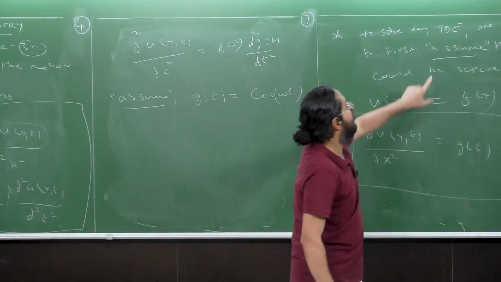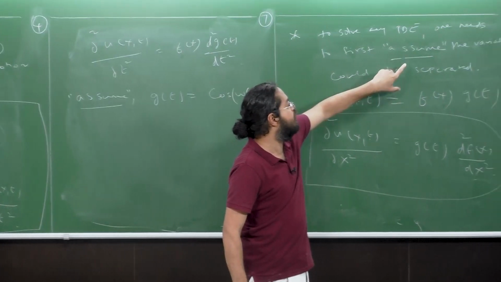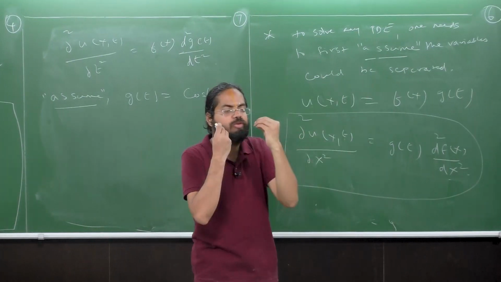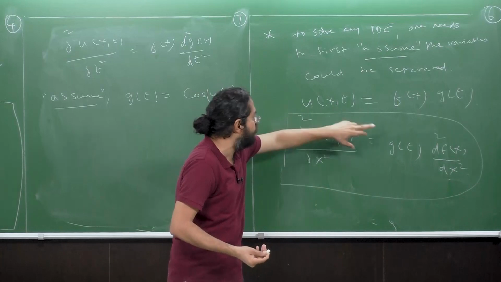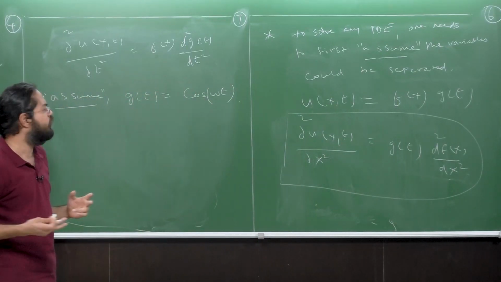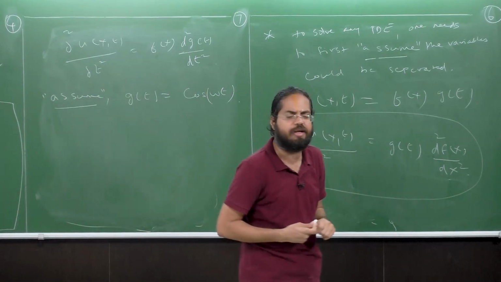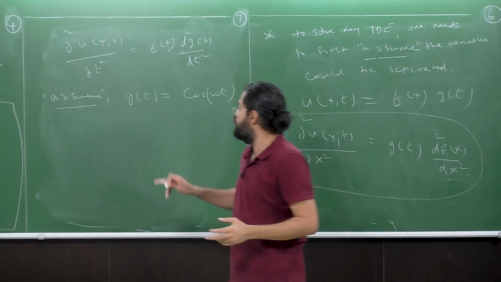In the first place, when I made the assumption that the variables have to be separated, that was out of desperation. That was the only way I could solve this equation. But now, having obtained these two expressions, you may ask me, why do I need to unnecessarily assume that my g(t) is cos ωt? And what is omega?